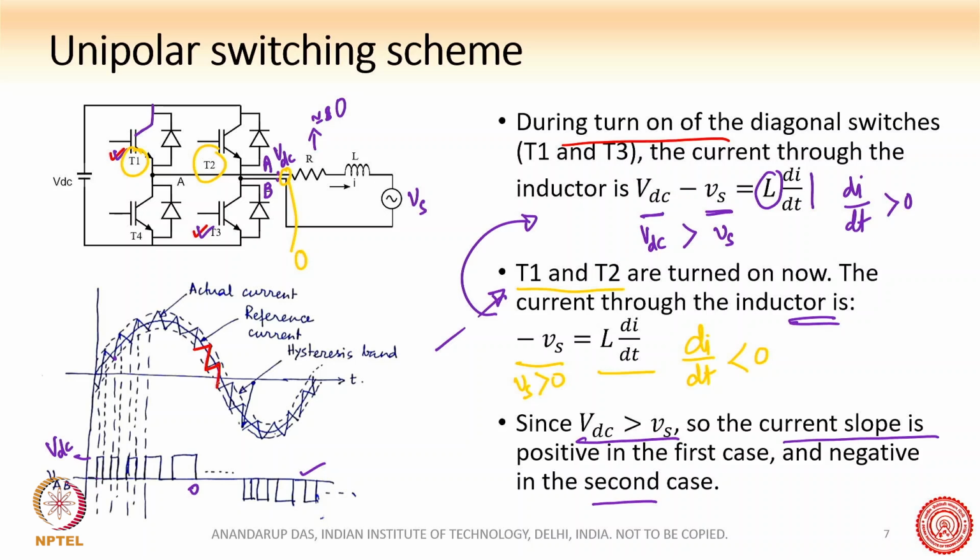Here in this area switching is less, because the current starts from here and then goes like this, and then again like this.